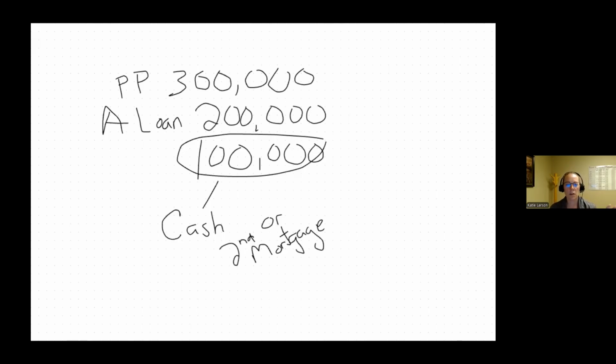They're assuming the $200,000 loan, purchase price is $300,000. They need to come up with $100,000 one way or another. Now, this $200,000 is what's assumed to be left on that assumable mortgage.